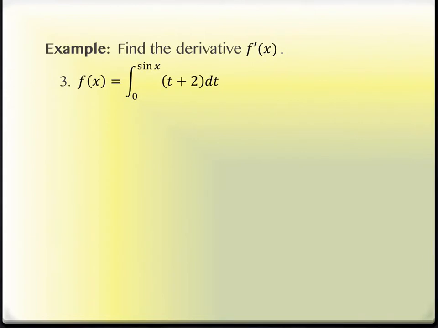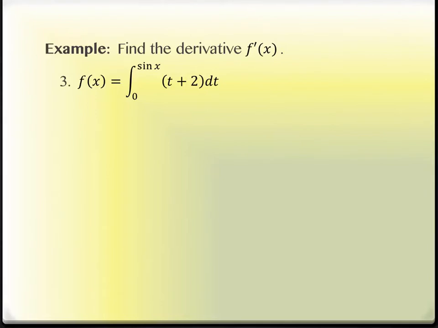Now, take a look at how this problem is set up and tell me what makes it look a little different from the previous slide. Yes, it's not x in the upper limit of integration. It's sine of x. So something a little weird is going to happen because of the sine of x.